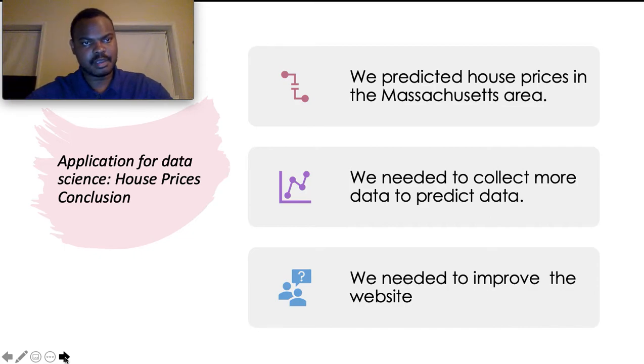This is just an example of how data science is used within real estate. So think about it: if you're someone looking to buy a house within an area, you can come to my predictor, my website, and say, okay, I have a number of beds in mind, and I have the size in feet that I want.